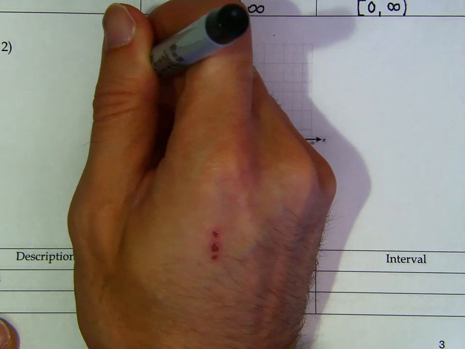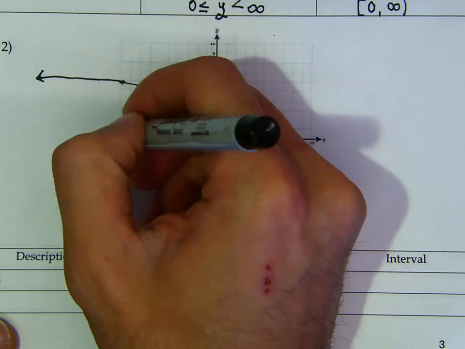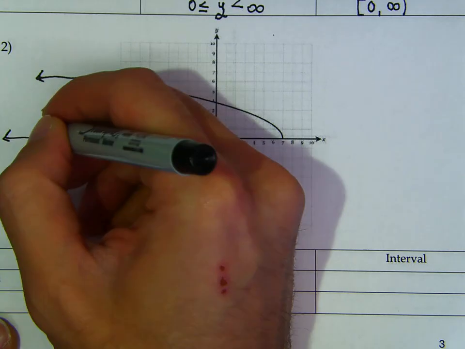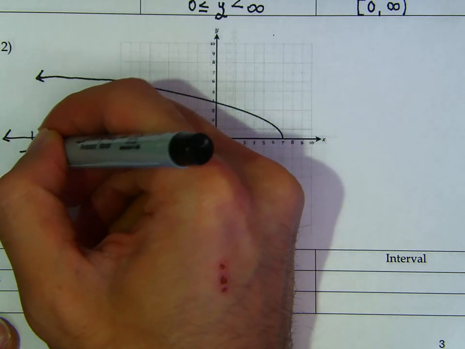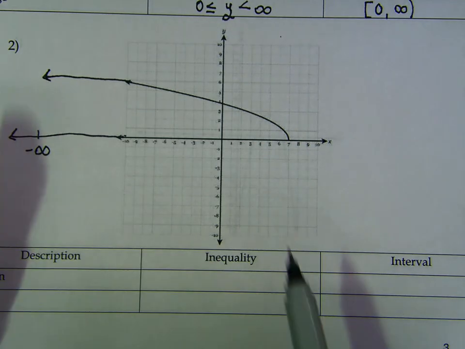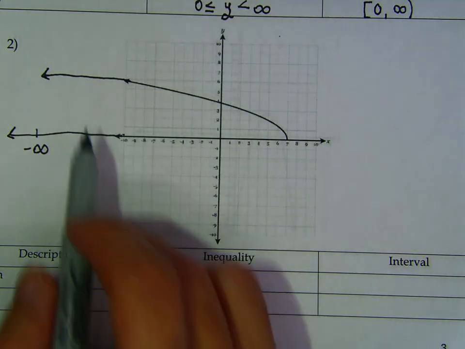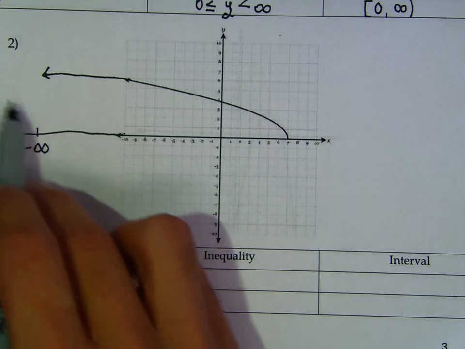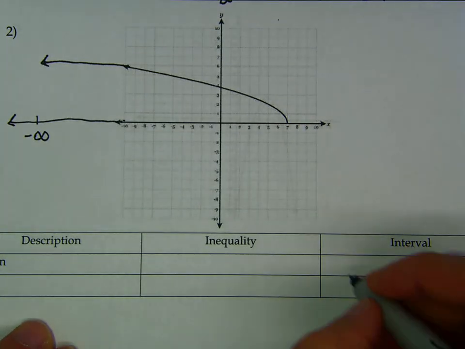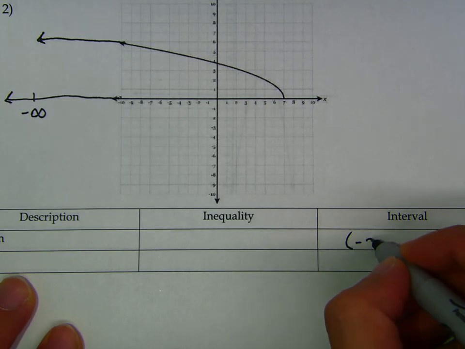Doesn't it just keep going and going and going? It's starting somewhere in this negative infinity. Every time you do domain, it's always left to right. So where are you starting? You're starting towards this negative infinity side. So the way you have to do it is you say negative infinity.